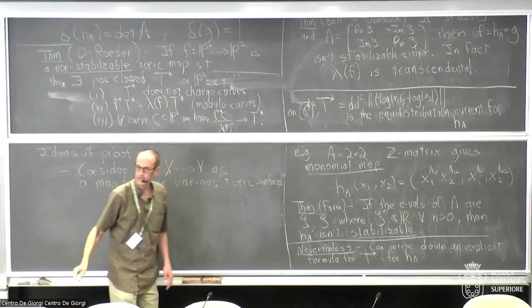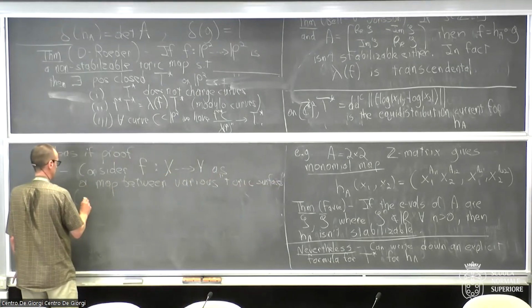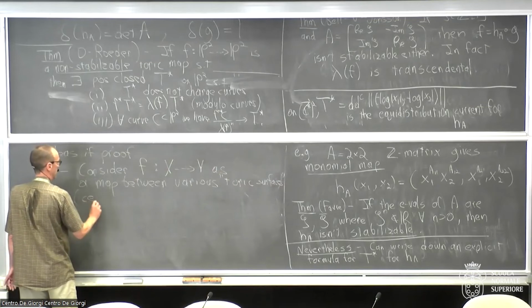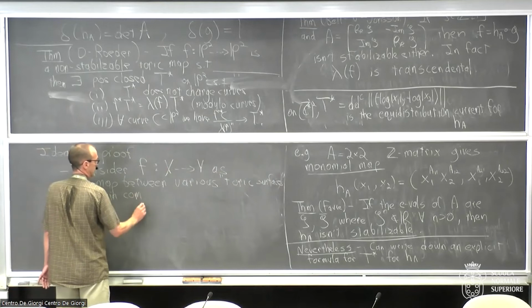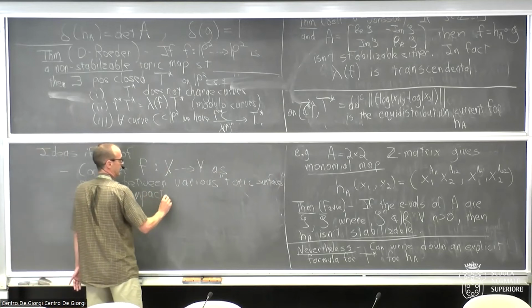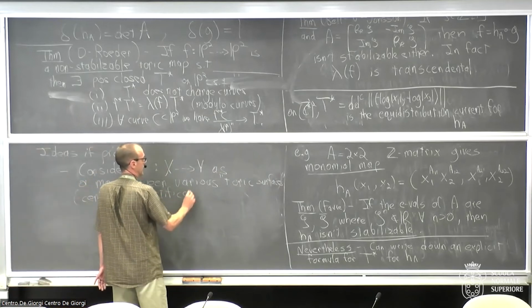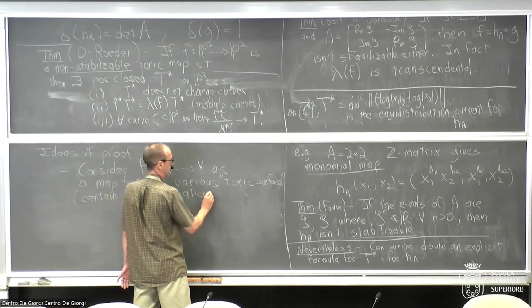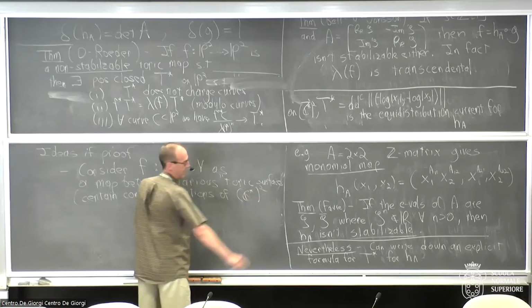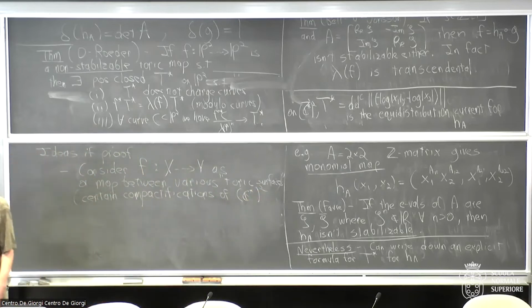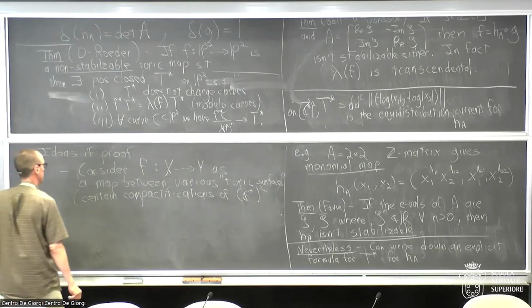But suffice it to say that a toric surface is a certain kind of compactification of C star squared. So you throw out the axes, and it looks different from P2 only in where the axes line at infinity used to be.